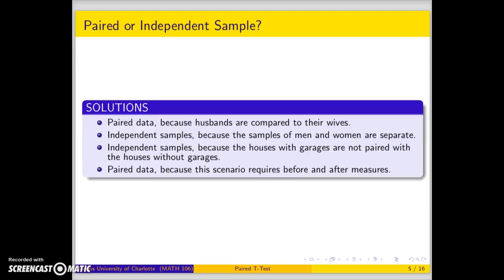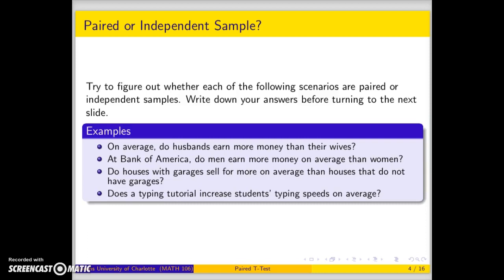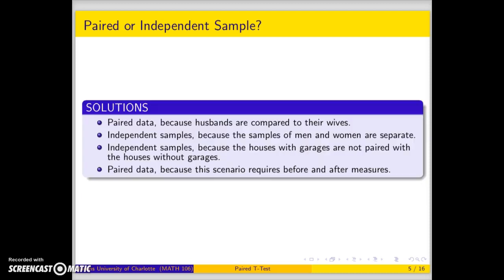Well, those are two different samples. We don't have any pairing going on, so this is an independent sample. Okay, for the fourth one, does a typing tutorial increase students' typing speeds on average? And this, you can just see it's a before and after scenario. So this is paired data.